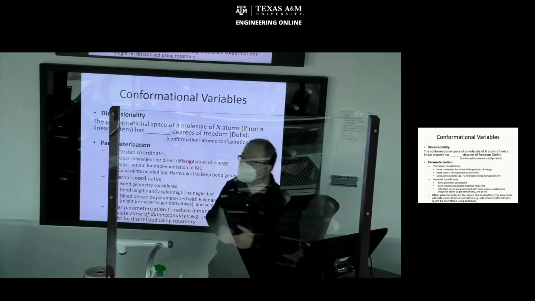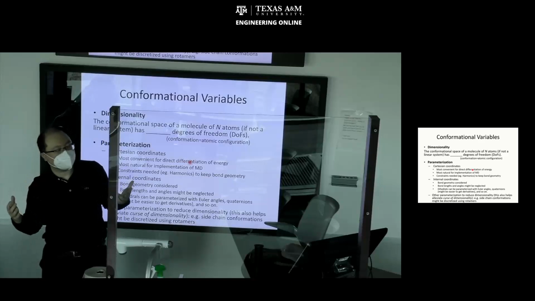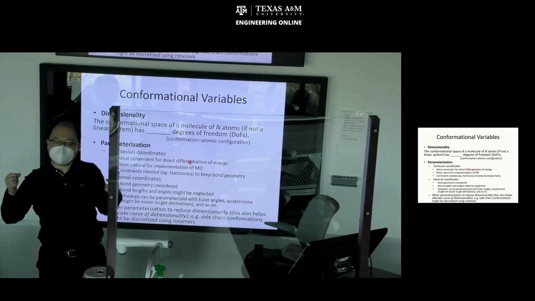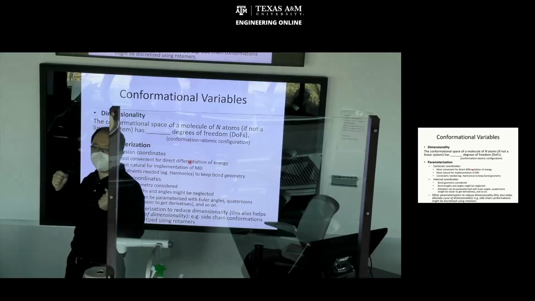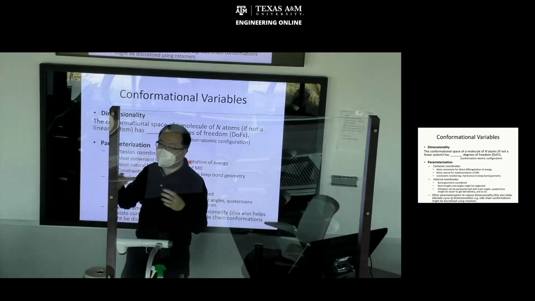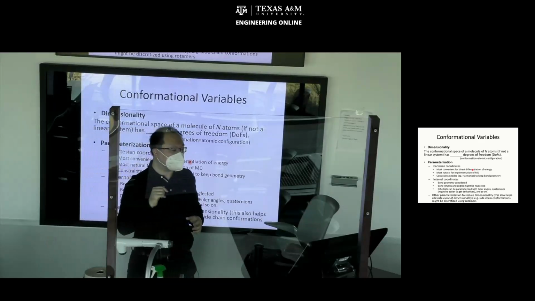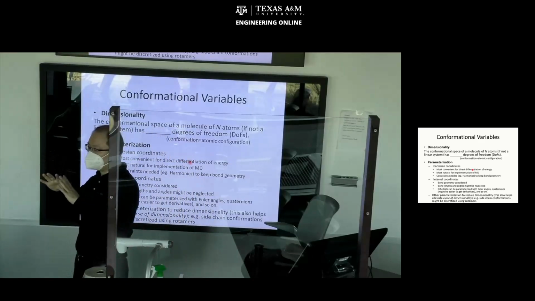However, remember, we are talking about proteins, which are not ideal gas. So these n atoms are actually dependent on each other, their positions, right? Because of the bonded and non-bonded interactions. So in other words, in this 3m minus 6 dimensional space, there are additional constraints, right?